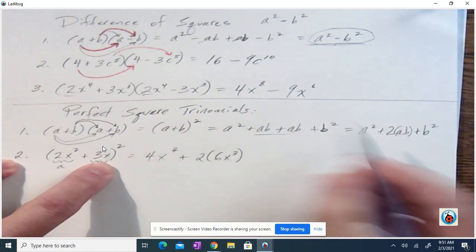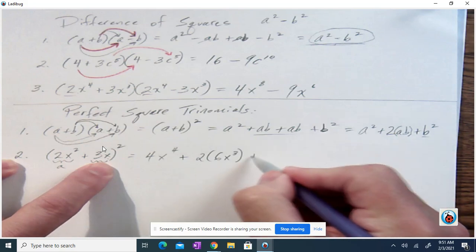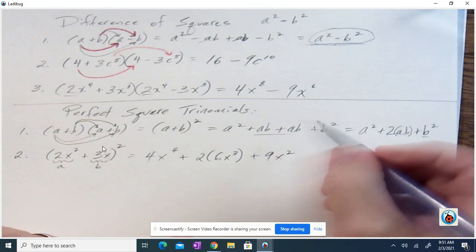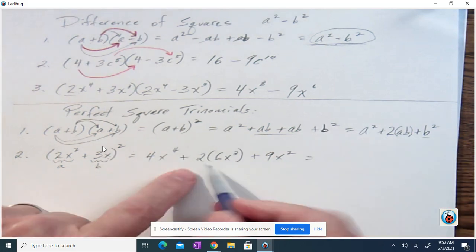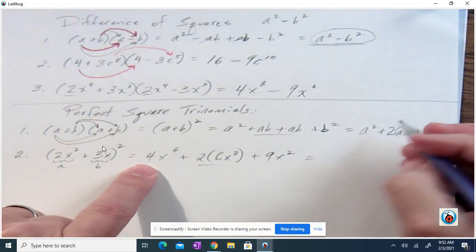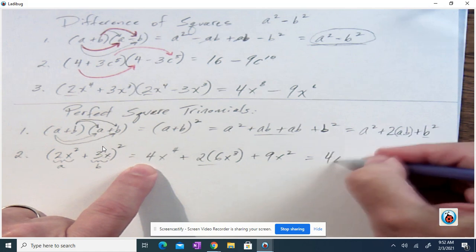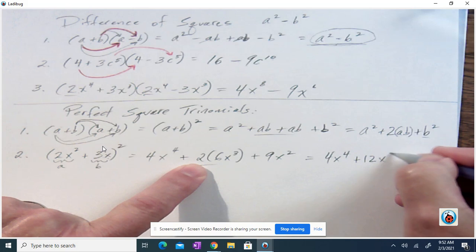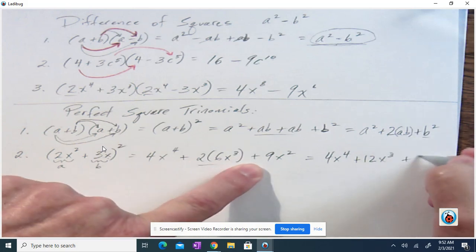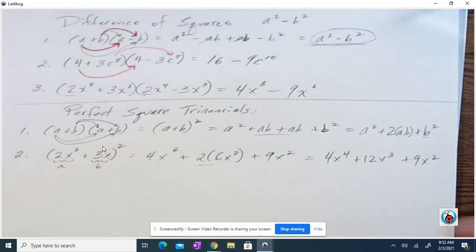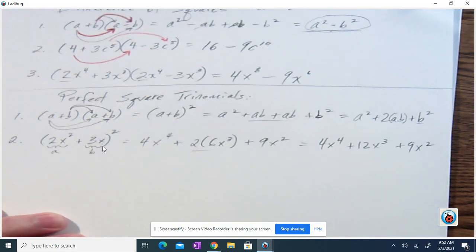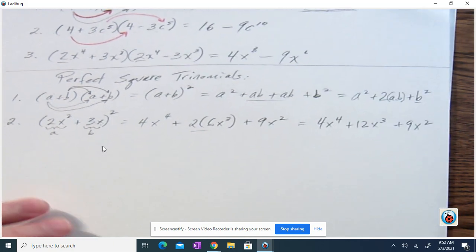And then the last term is just b squared, so you would square this and get 9x squared. To simplify a little more, that's 12x cubed in the middle. So 4x to the fourth plus 12x cubed plus 9x squared. So that's a perfect square trinomial.